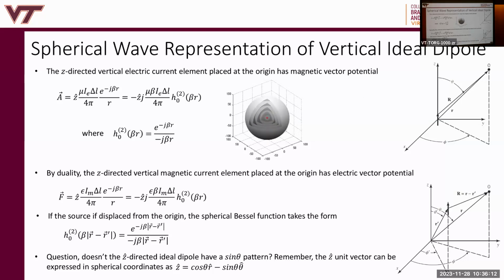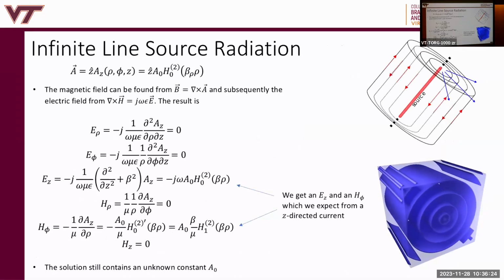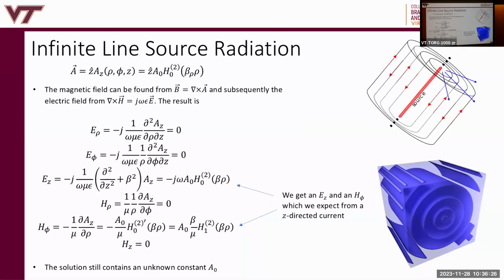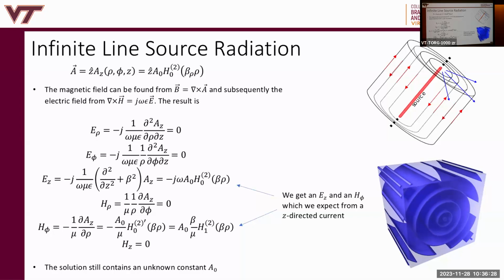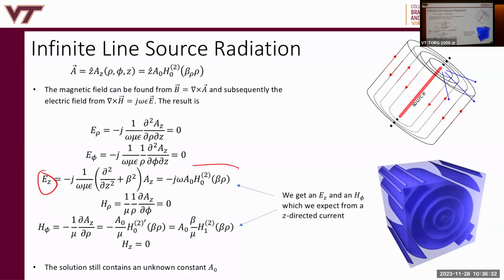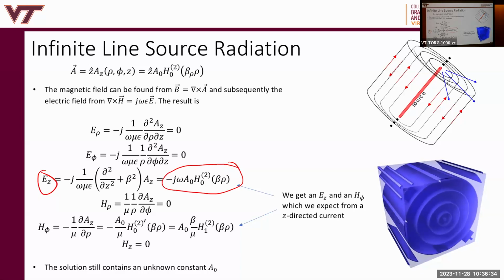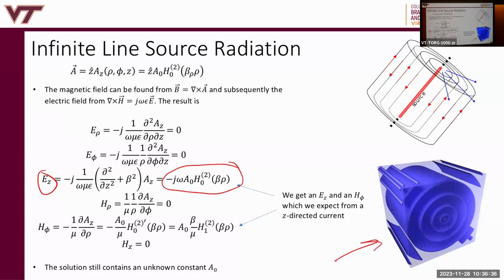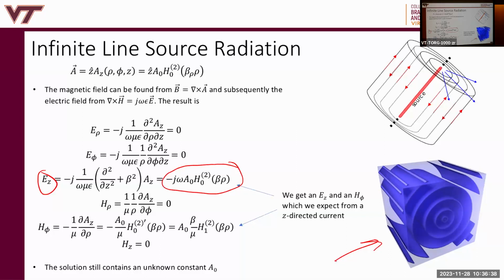Let me go back here and show you, just so you can remember. That was way back here. The 0th order, H0 2, so here's EZ, here's H0 2 represented a perfect cylindrical wave, right?